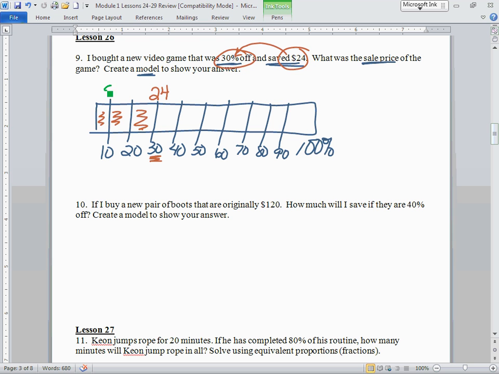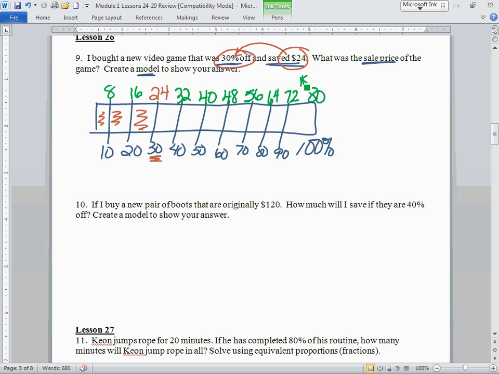So let's label them. 8, 16, and you could help me because I totally messed this up before. Make sure I do it correctly. So 80 was the original price of the boots.